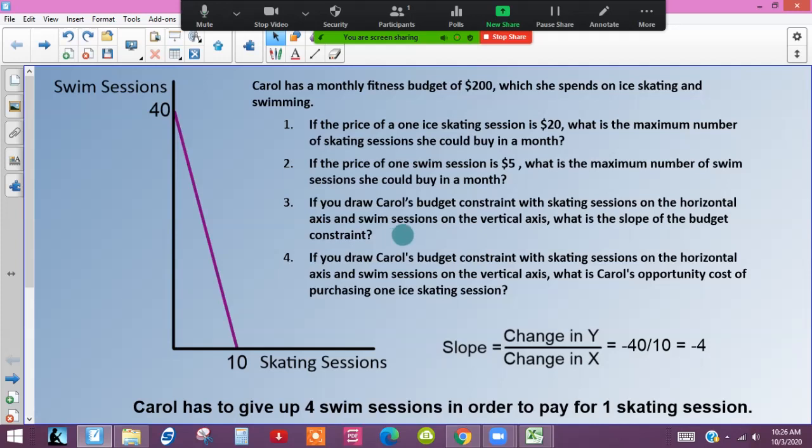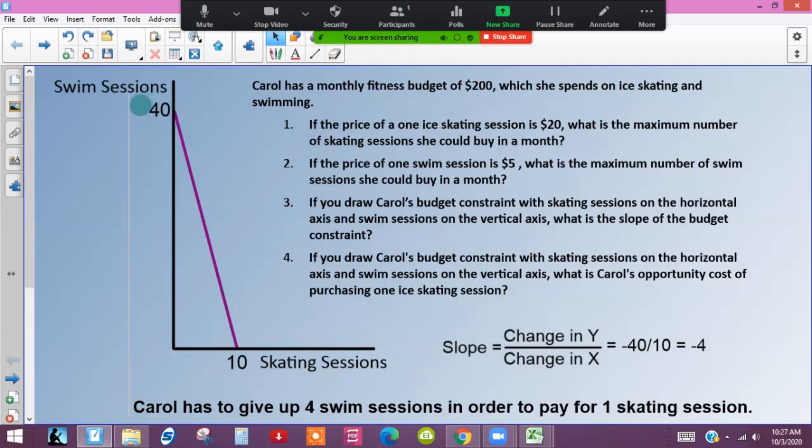So it says, if you draw Carol's budget constraint with the skating sessions on the horizontal axis down here, and the swim sessions on the vertical axis up here, what is the slope of the budget constraint? Well, that's easy.